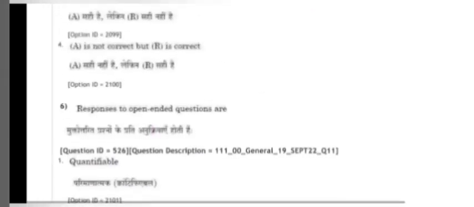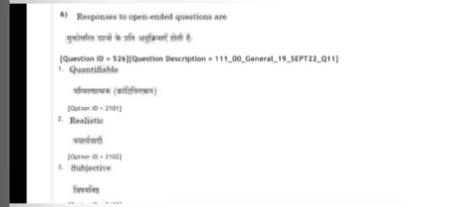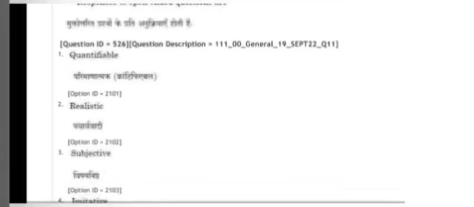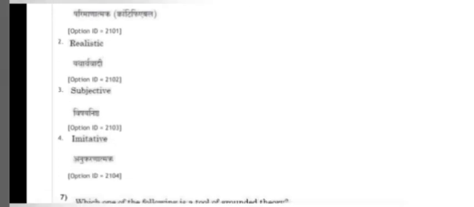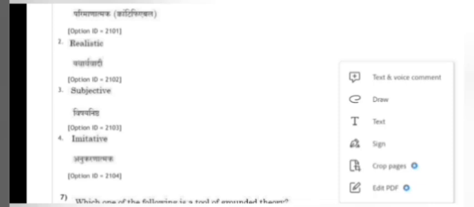Next is saying, responses to open-ended questions are what? Quantifiable, realistic, subjective, imitative. It will be quantifiable.